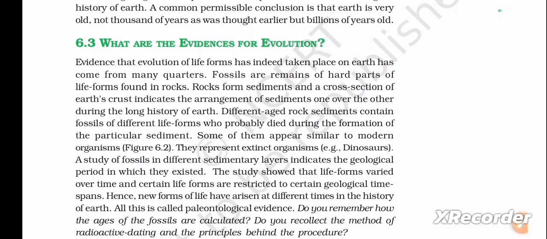Different aged rock sediments contain fossils of different life forms who probably died during the formation of the particular sediment. Some of them appear similar to modern organisms, figure 6.2. They represent extinct organisms, example dinosaurs.